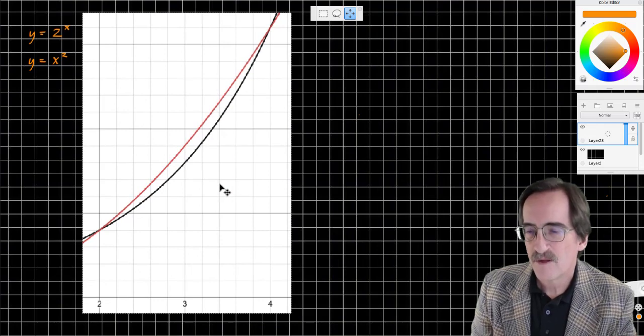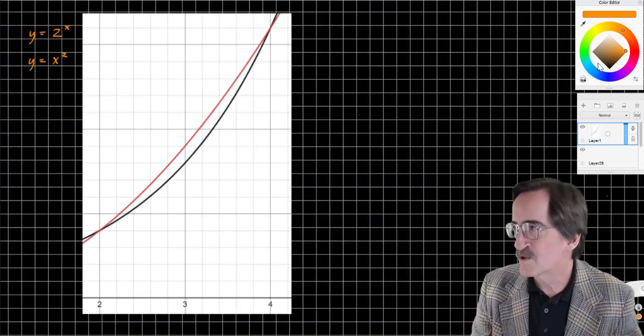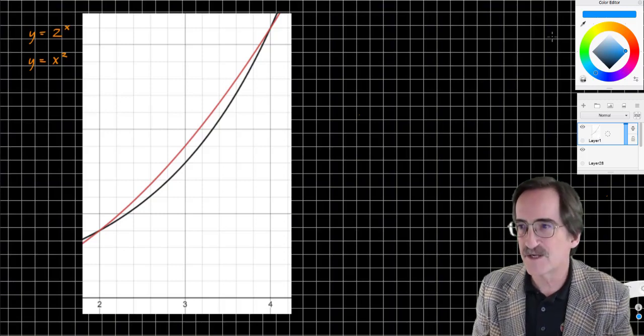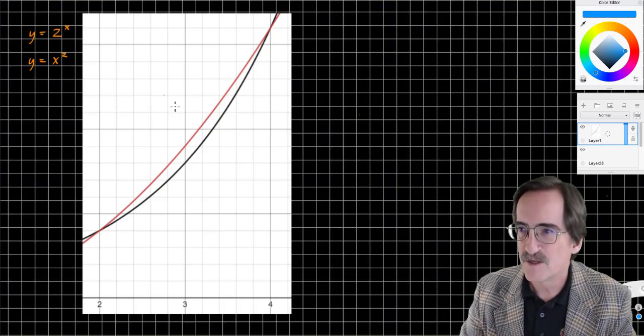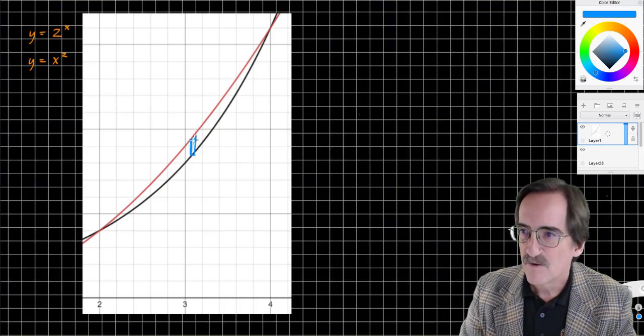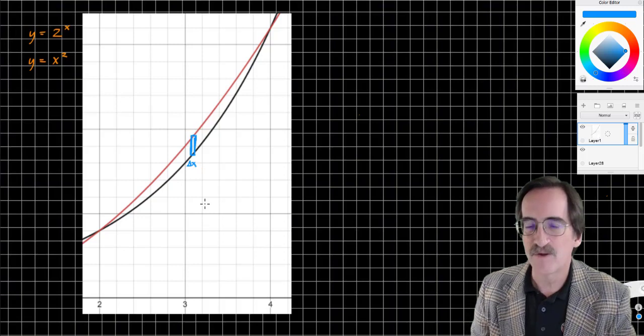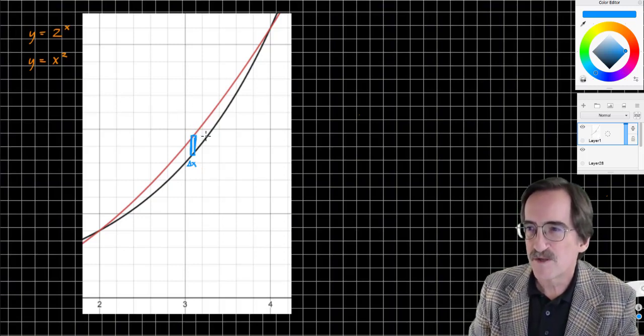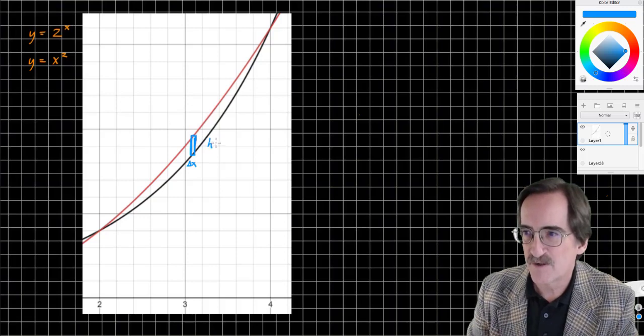And so there's 2 ways to look at this thing. One is to look at it as slicing it into vertical rectangles. So I'd like to take a rectangle right here, where the width of the rectangle is just delta x, my change in x. It's a little tiny thin slice. But what is the height of my rectangle?